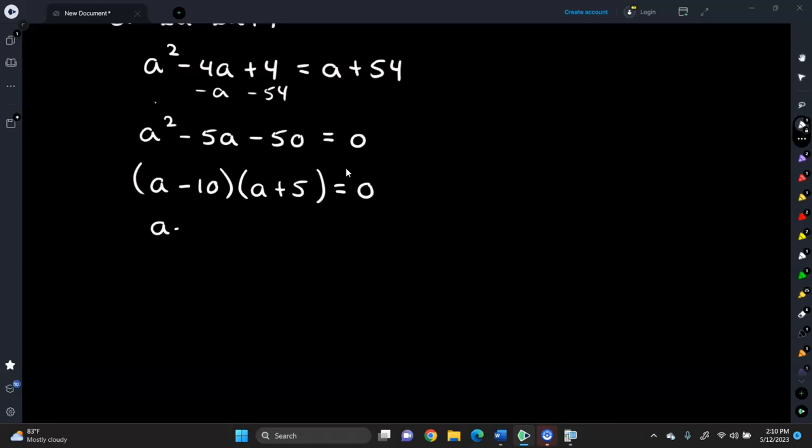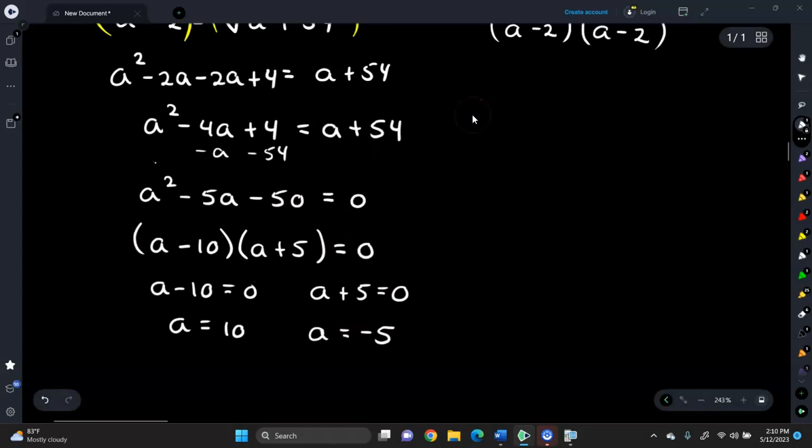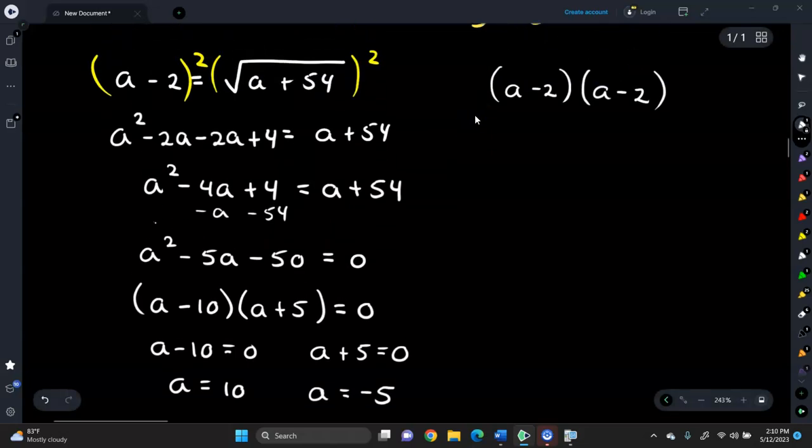So we have a minus 10 equals 0 and a plus 5 equals 0. That means a equals 10 or a equals negative 5. We're going to go back and check our solutions.